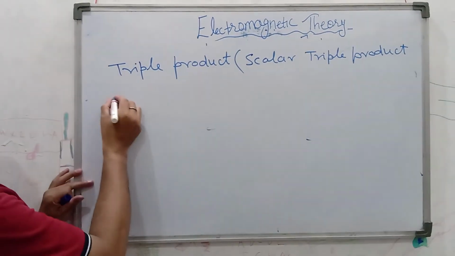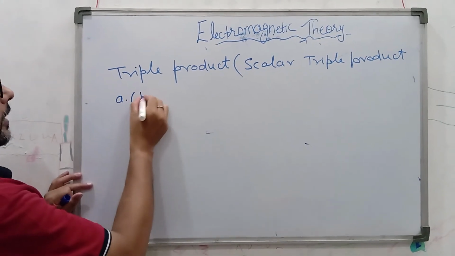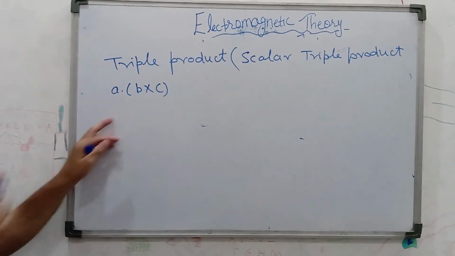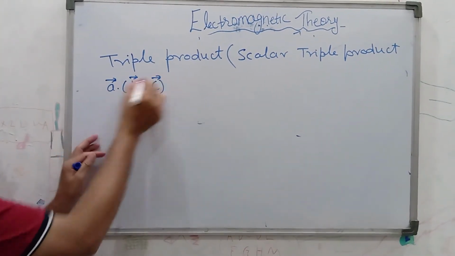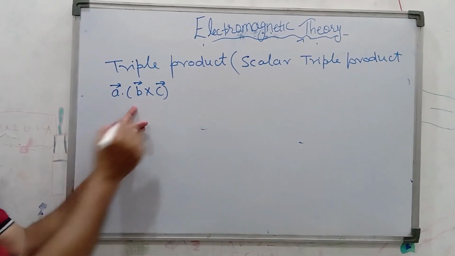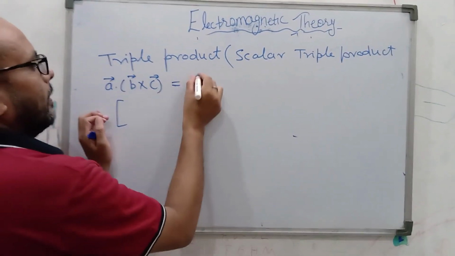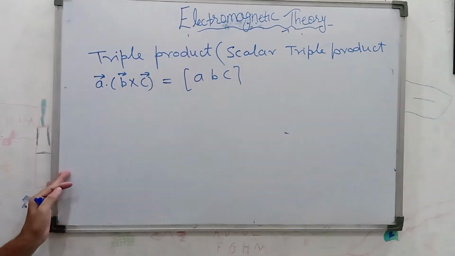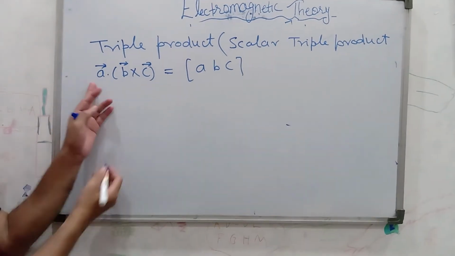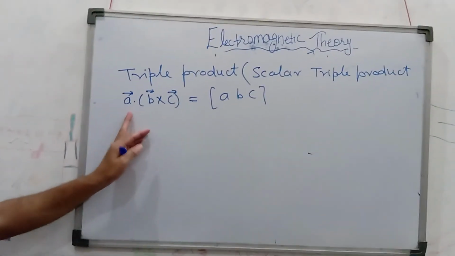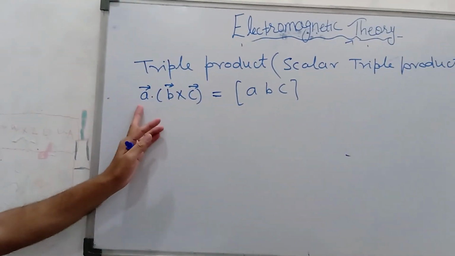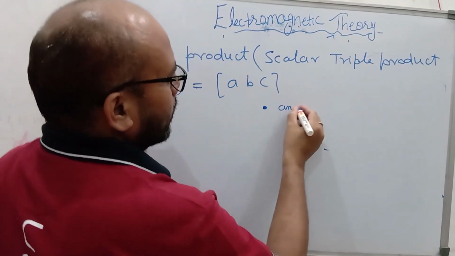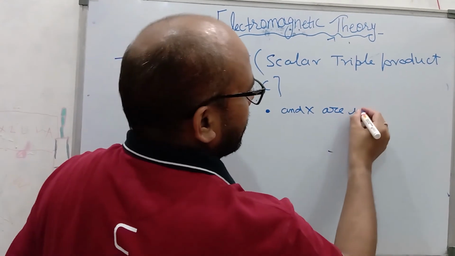Scalar triple product means A dot B cross C. This is known as the scalar triple product, also represented as the square bracket [A B C], equal to the one with dot and cross simply interchanged. Dot and cross are interchangeable.